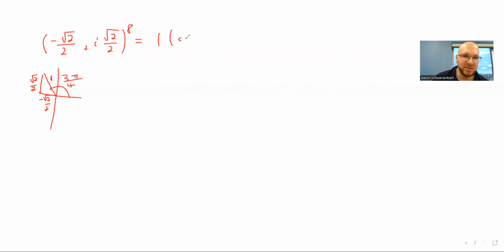First thing I'm going to do is convert. 1 cosine 3 pi over 4 plus i sine 3 pi over 4. Let's make that bracket again, to the 8th.